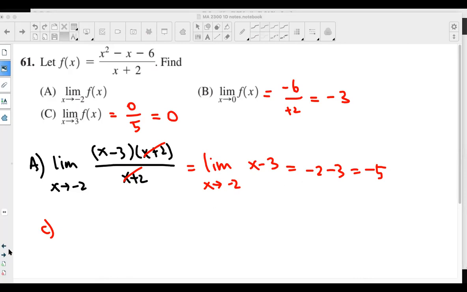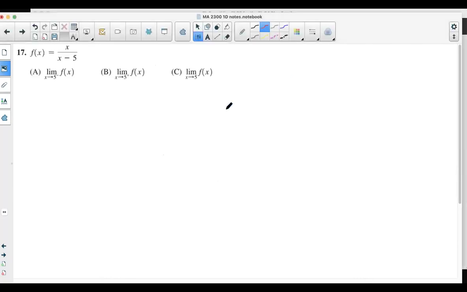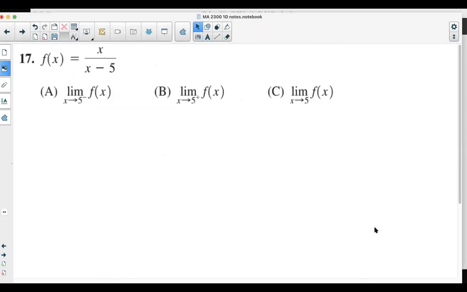Maybe I'll do number 17 first. In case of 17, the limit of f of x as x approaches 5 from the left.